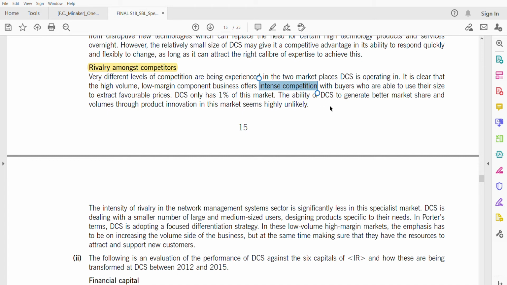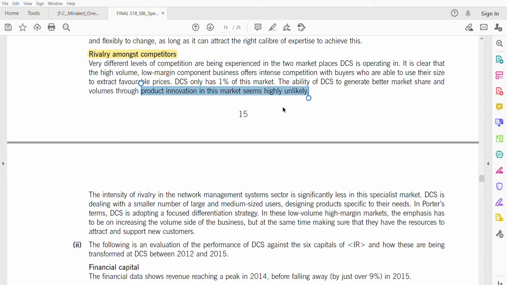The ability of DCS to generate better market share and volume through product innovation in this market seems highly unlikely. Just with 1% market share, even if you think to do product innovation in this kind of market, it's very unlikely that you can generate a better market share. It's not a good choice.